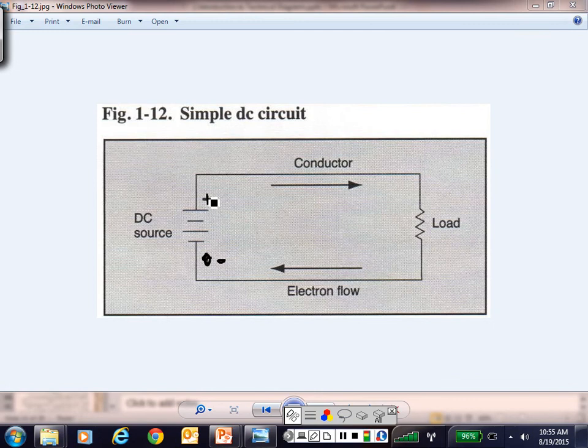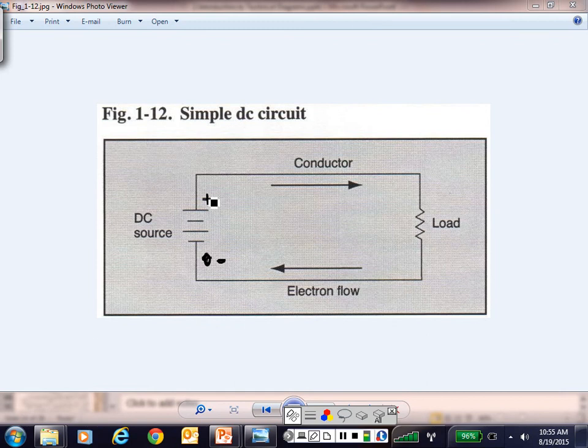Now the problem we have with DC is that when it was discovered, DC wasn't invented, it was discovered. So DC is all over the place in natural form. They figured that something moved, and so they came up with these polarities, positive and negative.